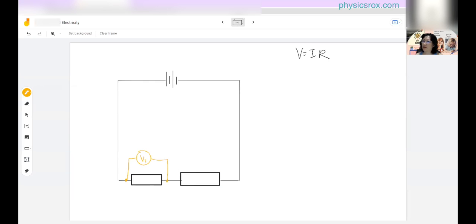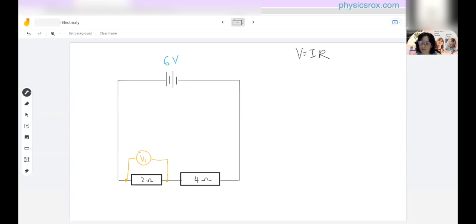Let's say the voltage here is given as 6 volts. V1 and 6 volts are not the same. V1 is not 6 volts. Remember that V1 is only for this resistor. Let's say this resistor is 2 ohm, and this resistor is 4 ohm.